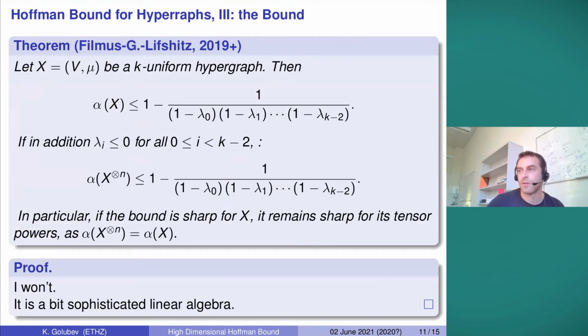You take an independent set and its complement, and there is a number of two edges between them, and the original Hoffman bound for graphs provides a lower bound on the number of these edges, like on the measure of two edges between two vertices, and then you switch to links.